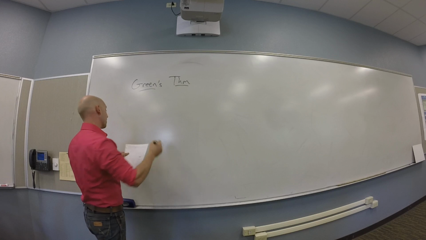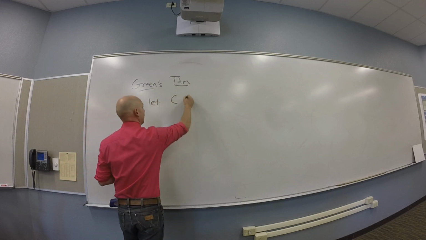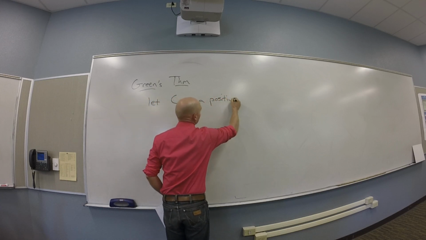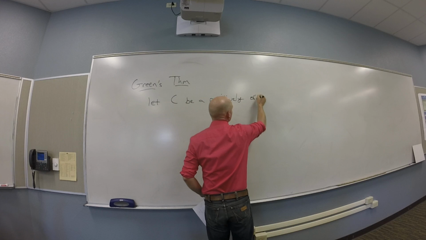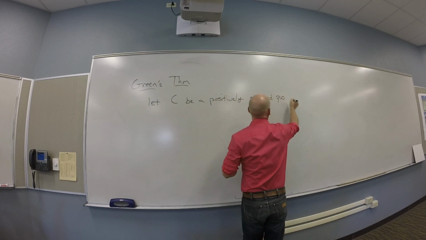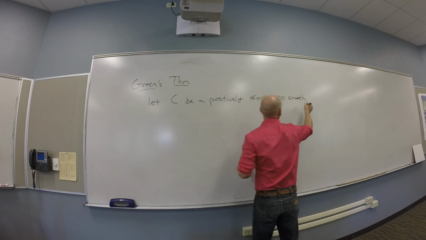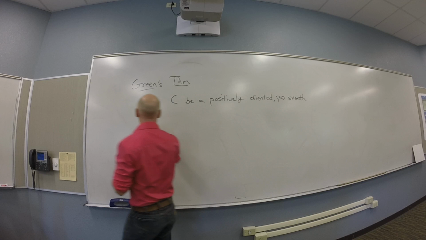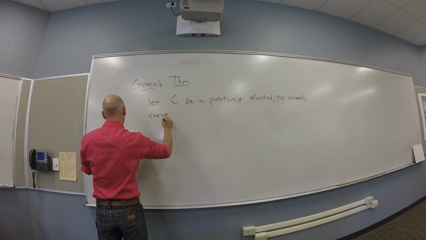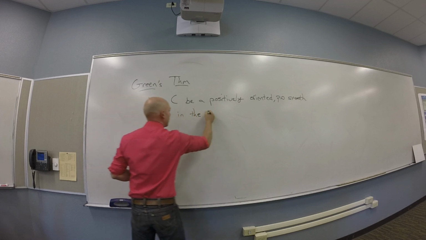So what I need for a little setup is I need to let C be a positively oriented curve. Now, let's toss piecewise smooth in here too. So C is going to be a positively oriented, piecewise smooth curve in the plane.